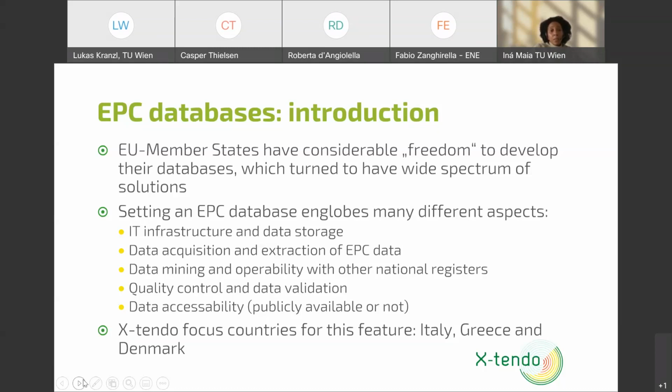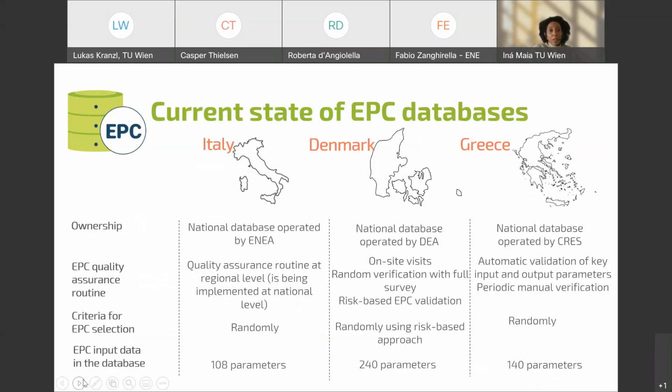In the X-tendo project, we focused mainly on 3 countries: Italy, Greece, and Denmark. And these countries will also be the focus of my presentation. Next one, please. So basically, the first step that we had in the project was to understand the current state.